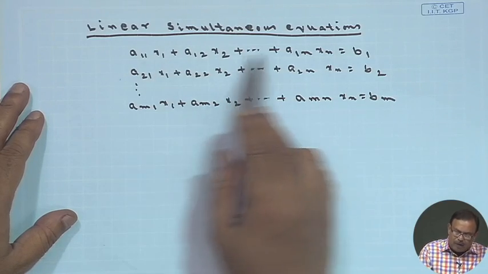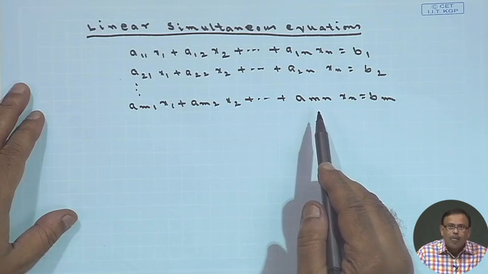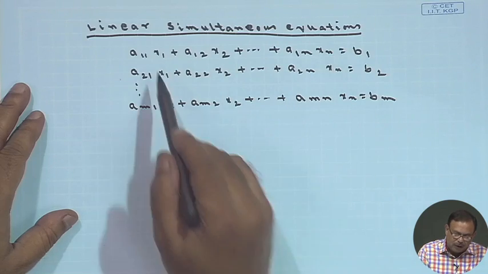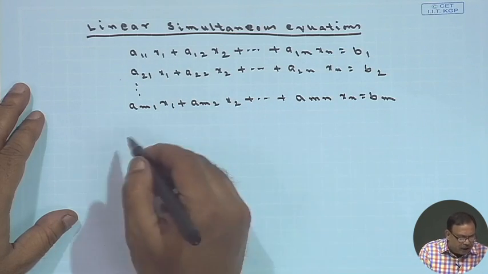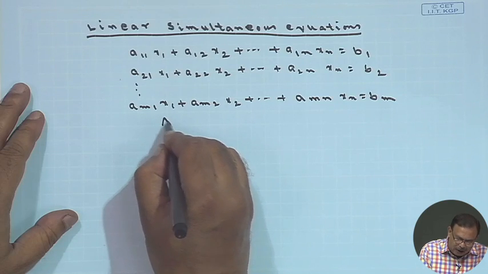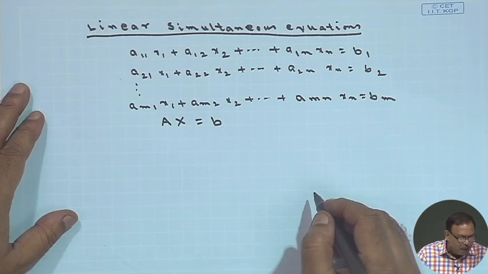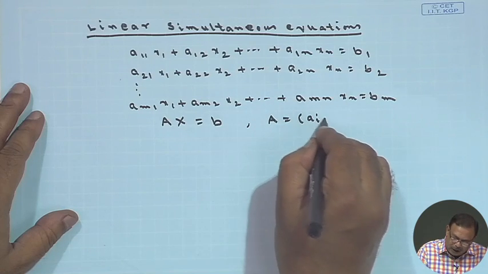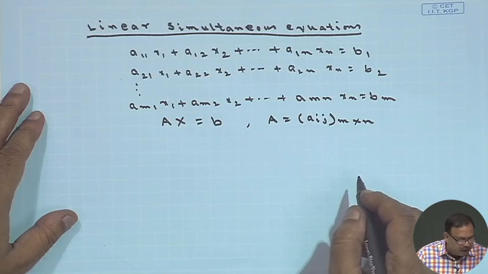That means you are having n variables x1, x2, up to xn, and you have m equations here. In matrix notation, I can write it in the form Ax equals B, where A is the matrix of the Aij, an m cross n matrix.